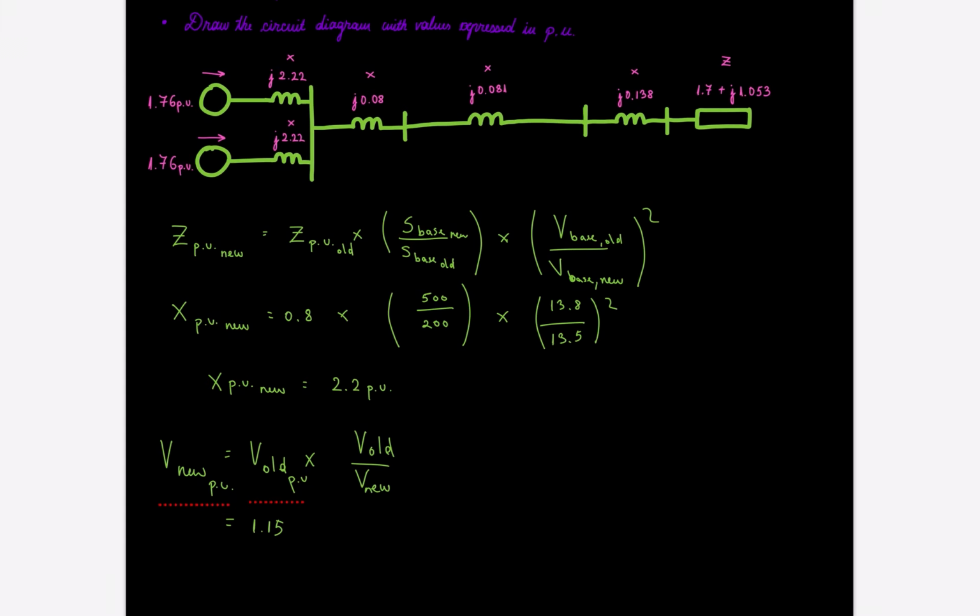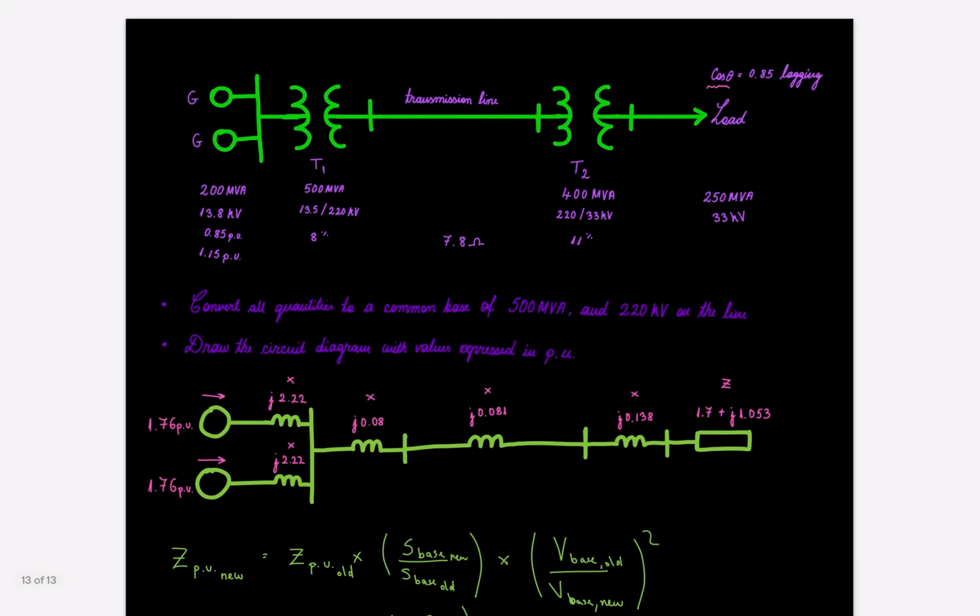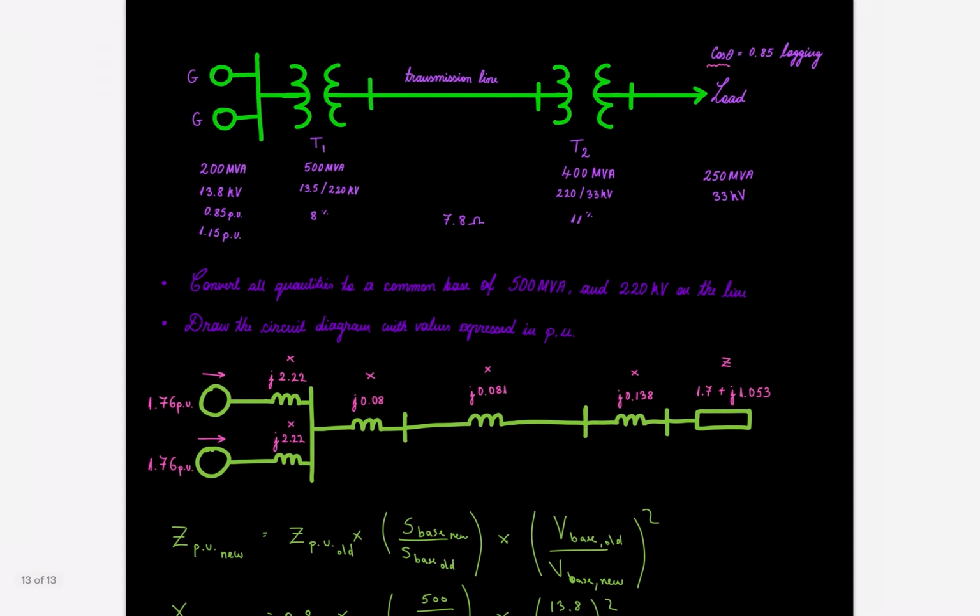And then the ones that aren't in per unit, the old one is 13.8 and the new one 13.5. These are in kilovolts. We want to find the new one in per unit.